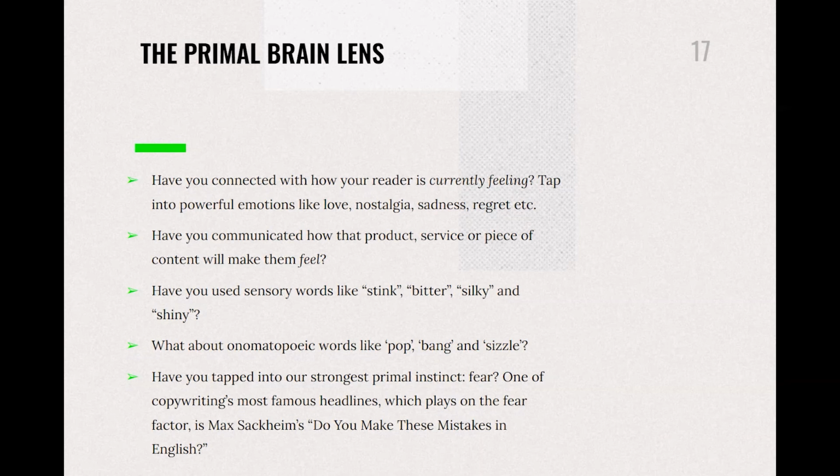For example, how to make your website copy better could be a positive spin for an article headline. That could be flipped into 12 mistakes you're making, or 12 reasons why your website copy stinks. And there we've used a sensory word and we've used the fear factor at the same time. That's immediately more compelling and more clickable than how to make your website copy better.